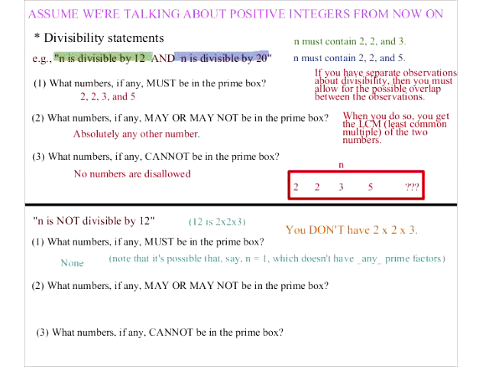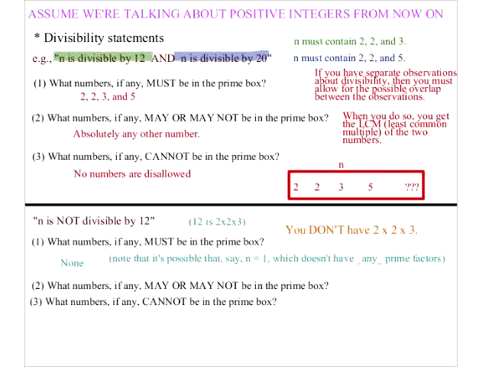So in this case, you can't really answer questions 2 and 3 separately because now they depend on each other. Basically, you just can't have all of 2, 2, and 3. Therefore, if you have 2 2s, then you can't have a 3.